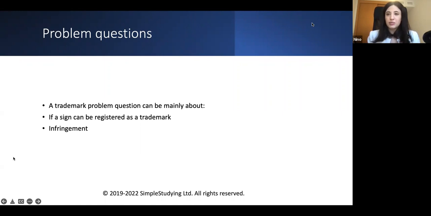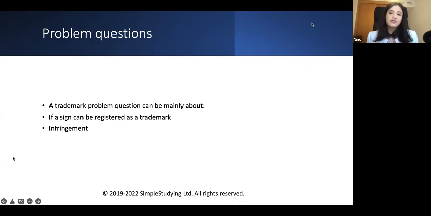So a problem question can have the following issues. A trademark problem question can be about registration of a trademark. So it can ask you, on the given facts, if the sign that has been described could be registered. Obviously, you won't have all the details, and you need to make assumptions. You need to say all possible outcomes that there can be if this sign that has been described to you were to be registered as a trademark.